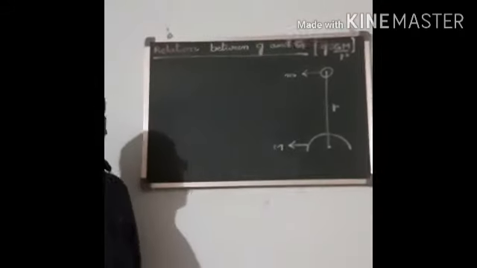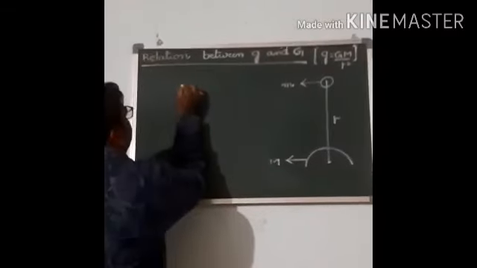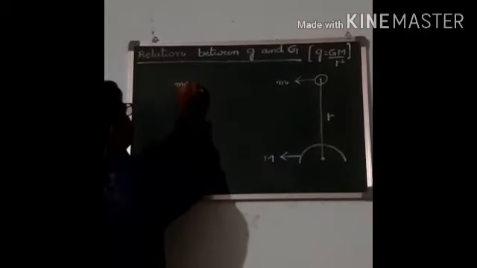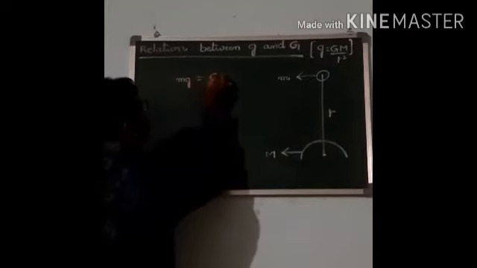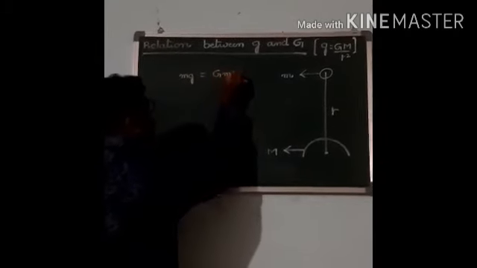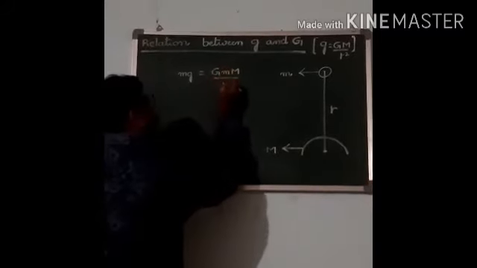So both equations are equalized, and we can say that mg equal to G small m capital M by r square.